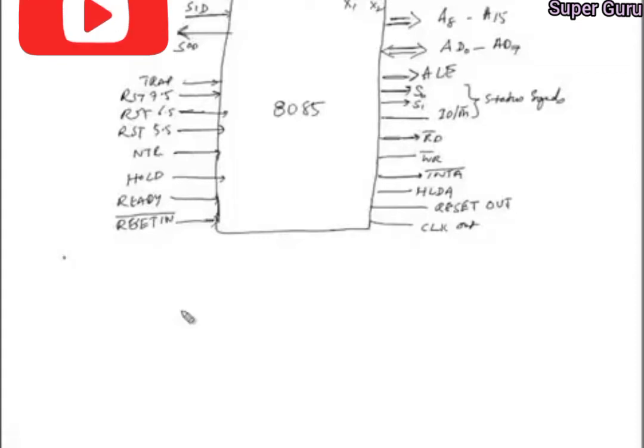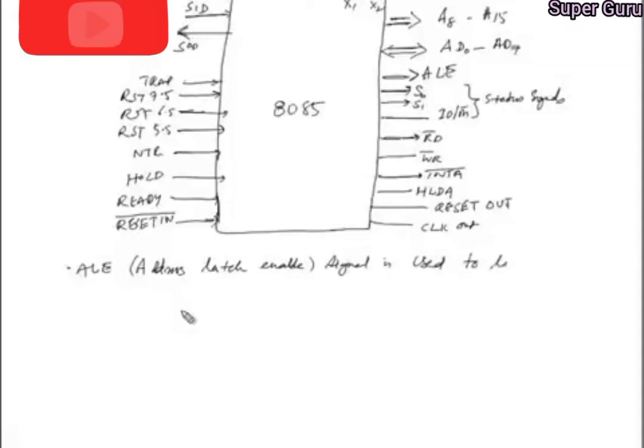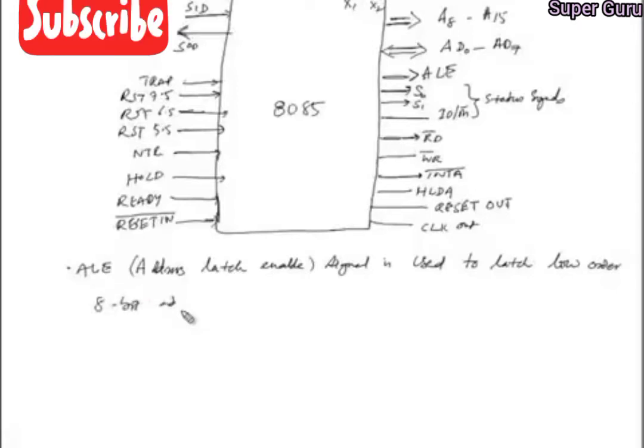Then the address latch enable signal, ALE, is used to latch the low order 8-bit address present on AD0 to AD7 into external latches.